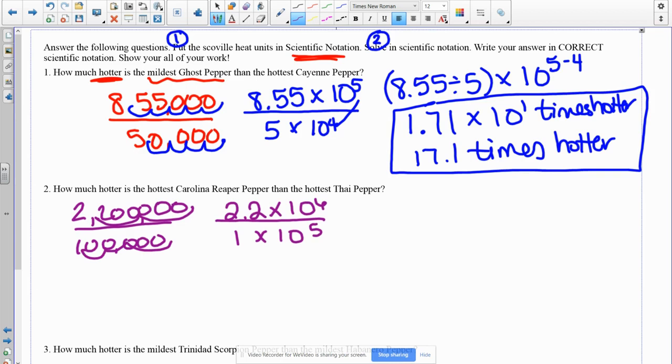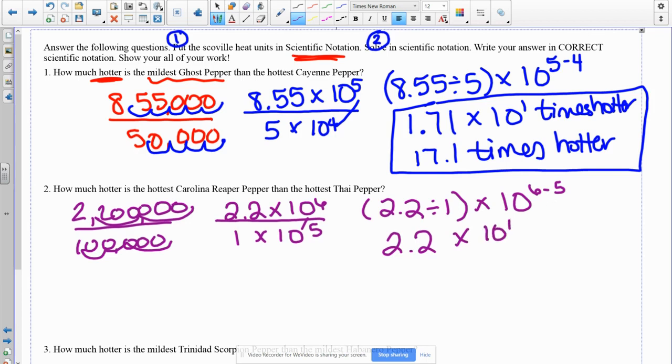To show my work here, I'm going to divide, and then I'm going to subtract the exponents, because remember we divide and subtract exponents. Anything divided by 1 is still that value. So this is 2.2, and when I subtract 6 minus 5, that's to the first power.